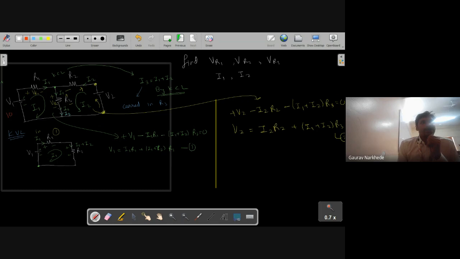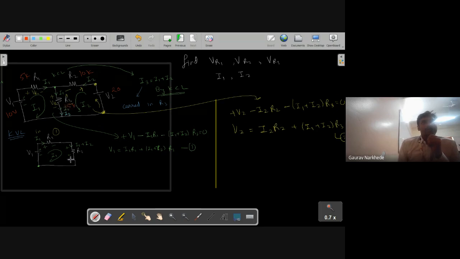Let us say this is 10 volts. Let us say R1 is 5 kilo ohms. R2, let us say it is 10 kilo ohms. And let us say this is 20 volts. And let us say this is 15 kilo ohms.